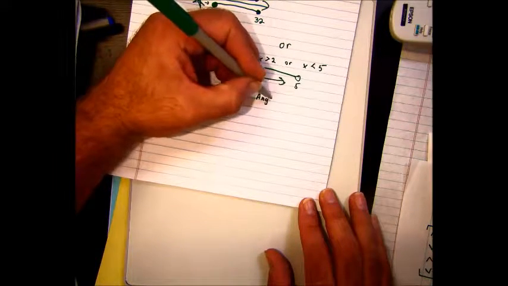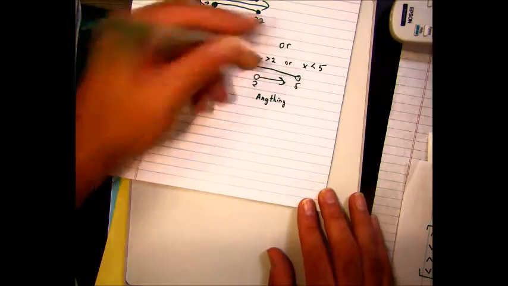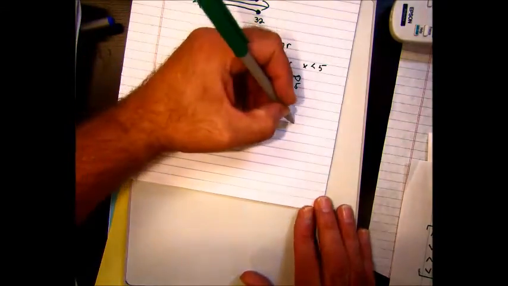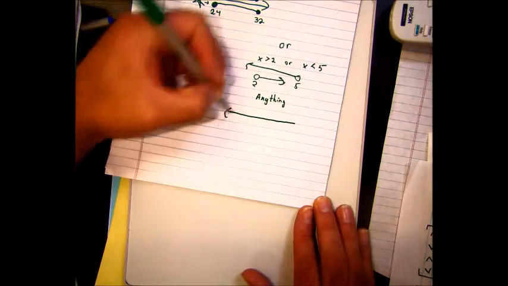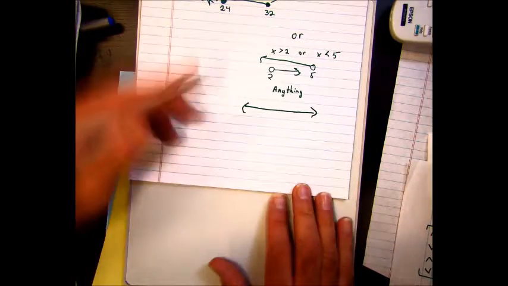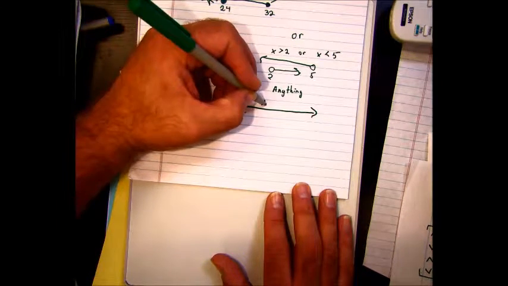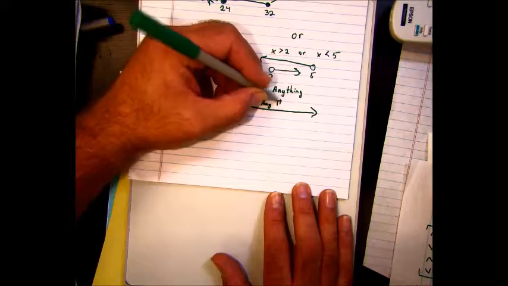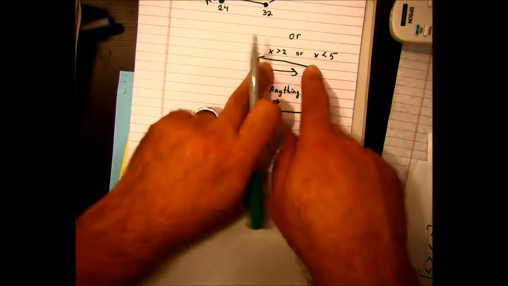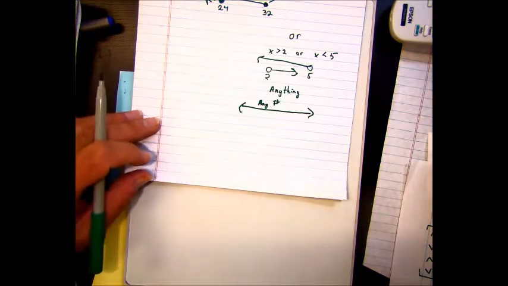I'm hoping you say anything, because they overlap each other and then keep going. So when you graph it, all you would graph is this. That means any number will work, because it's an OR problem and they're overlapping forever.